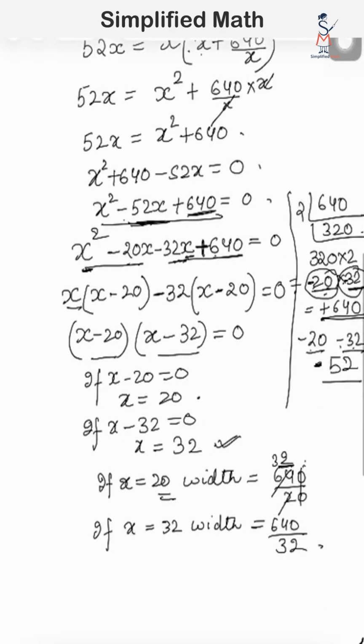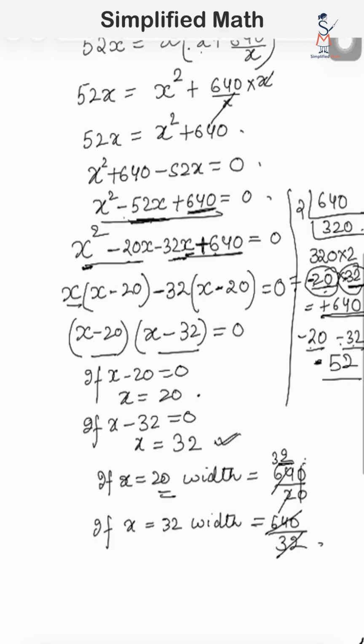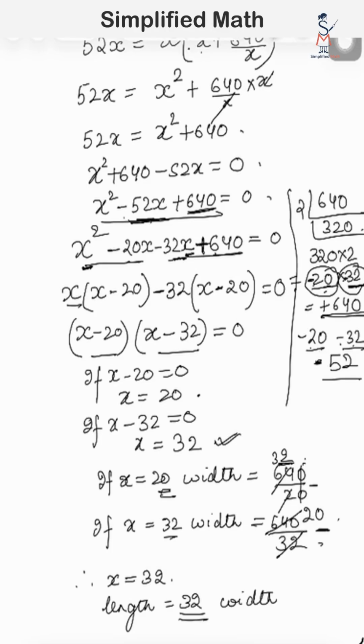So same thing I am using here. So this will become 20. So now therefore x is 32. That is length is 32. We will take the one in which the length is more and the width is less. If I am taking x as 20, I am getting width as 32. So I will not take that. Generally length is the longer side. So width will become 20 centimeters and this also centimeters. Fine. This is how we will solve this.